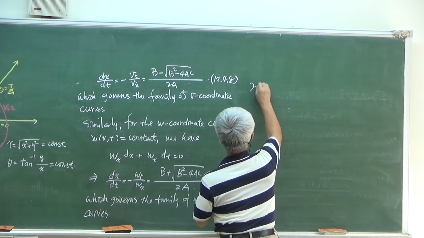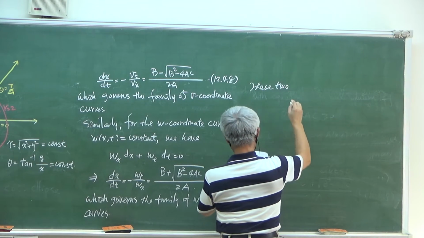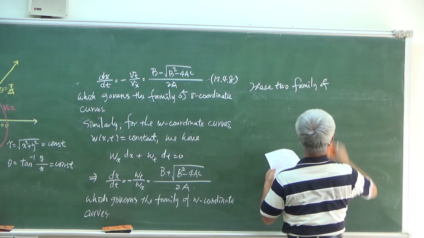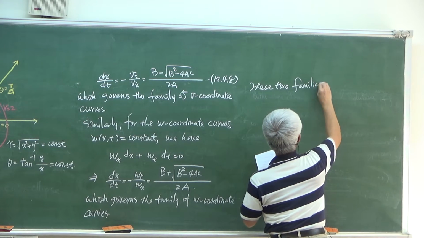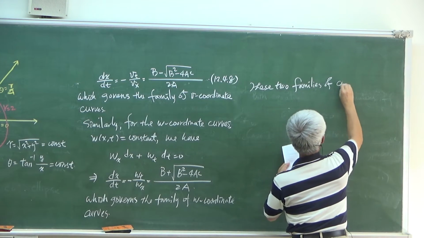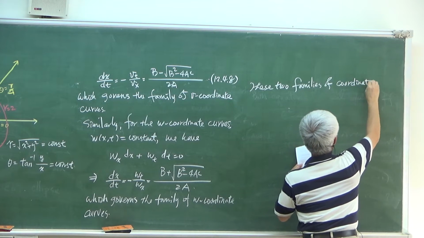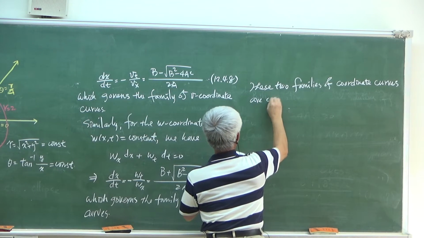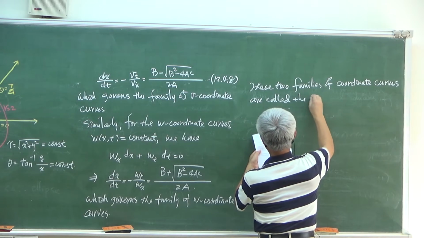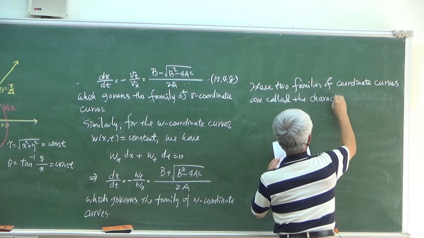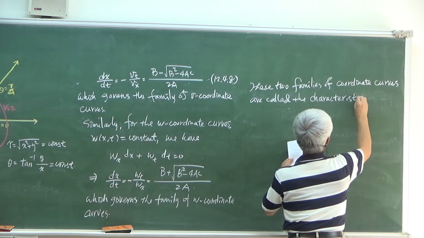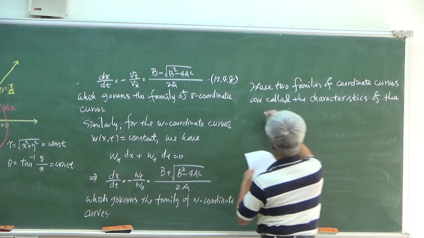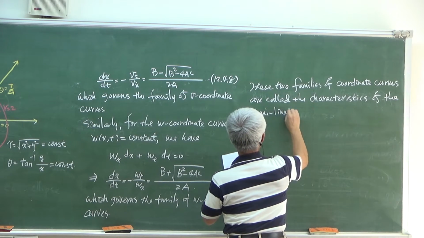Okay, so these two families of coordinate curves are called the characteristics of the semi-linear PDE.